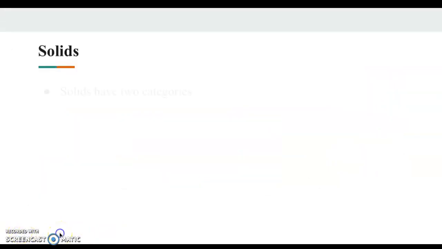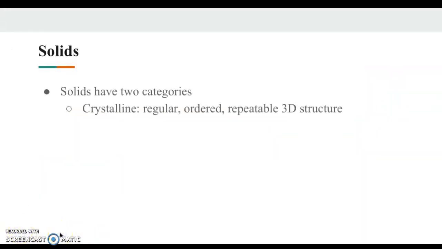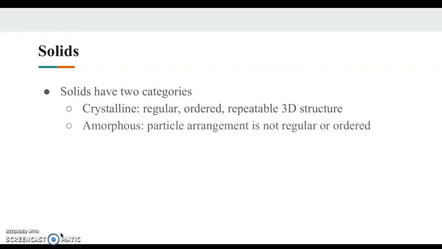Alright, so a little more on solids. Solids really have two categories in structure. They can have a crystalline structure, which is a regular, ordered, repeatable 3D structure, similar to the lattice structures that we were talking about with ionic compounds. They also have an amorphous structure, where particle arrangement is not regular or ordered. Examples of amorphous solids would be plastics and I believe gels as well.